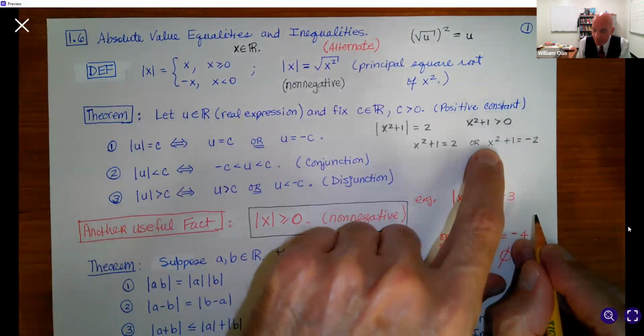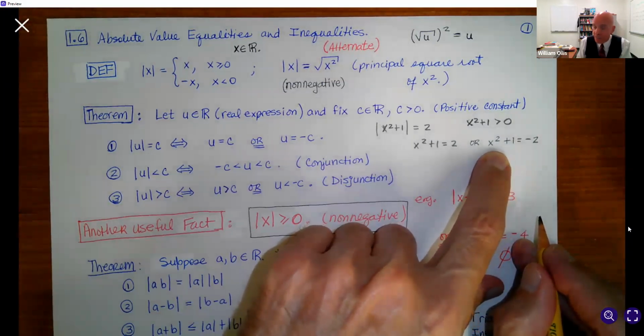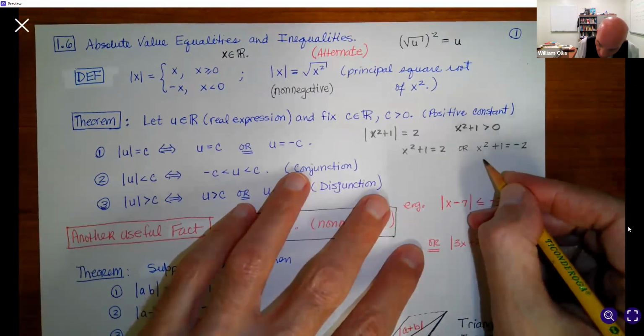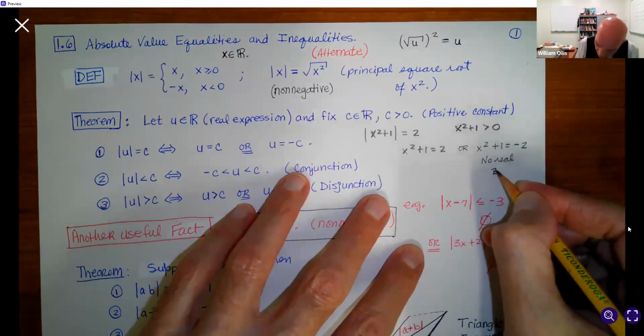So now, of course, we have x squared equals -3. Now, we know that this has imaginary zeros, but it has no real zeros. So for instance, here, we would say no real zeros.